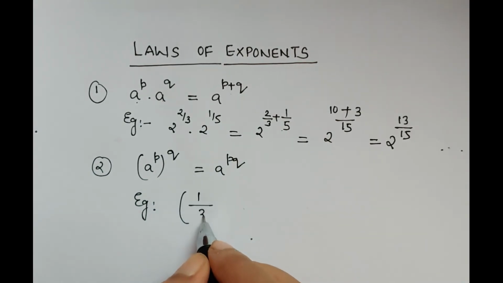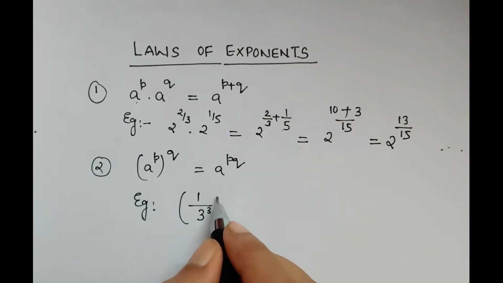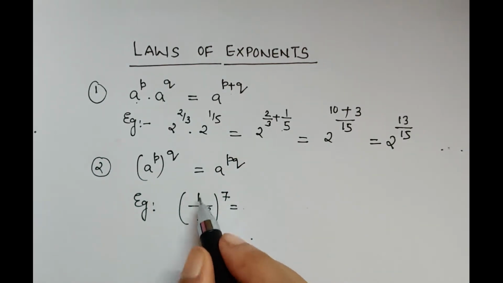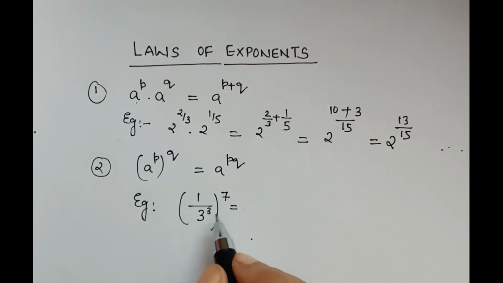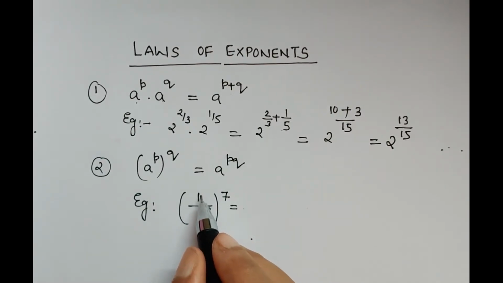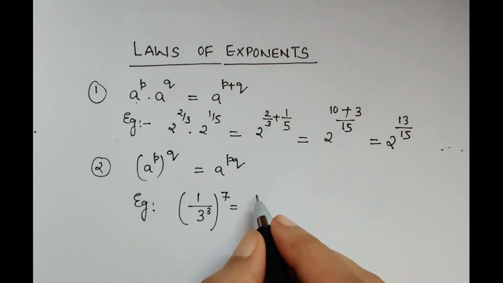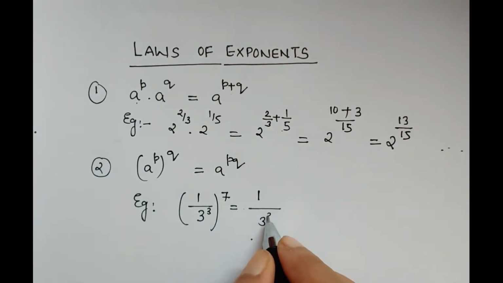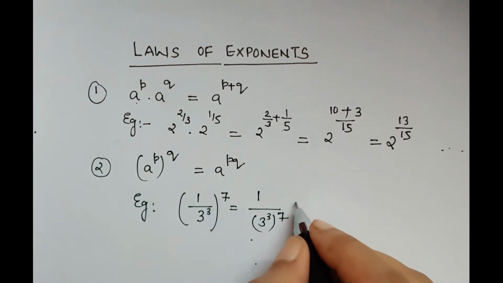If we have 1 by 3 to the power 3, whole to the power 7, suppose. Now as we can see inside we have a rational number, 1 upon something. So this power 7 is for both, for numerator as well as for the denominator. So 1 to the power anything is 1 only, and 3 to the power 3 already we have, but to the power 7 because of this.